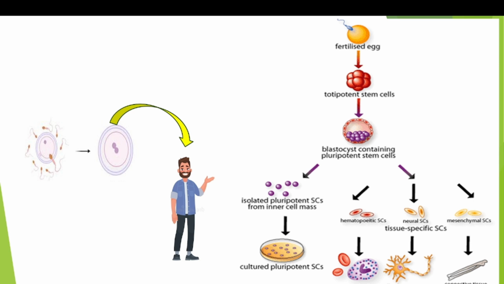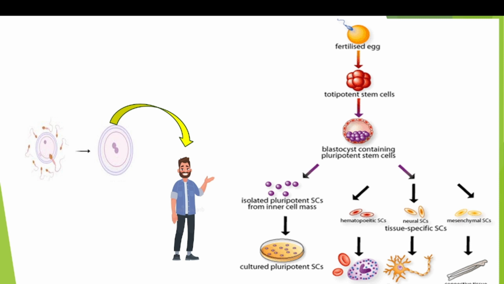Again, these differentiated stem cells produce a limited type of cells. That means from embryo to adult organism, their potency is decreasing from totipotent to pluripotent to multipotent to unipotent.